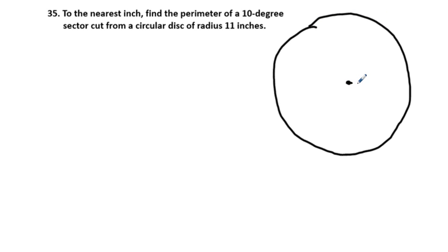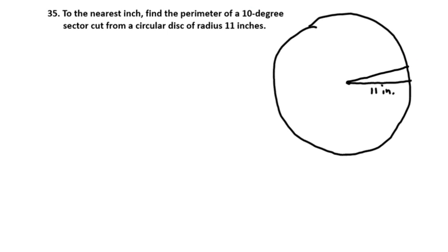We go over here. This will be 11 inches. And we want to find the perimeter of a 10-degree sector. So 10 degrees is going to be just a very small slice.